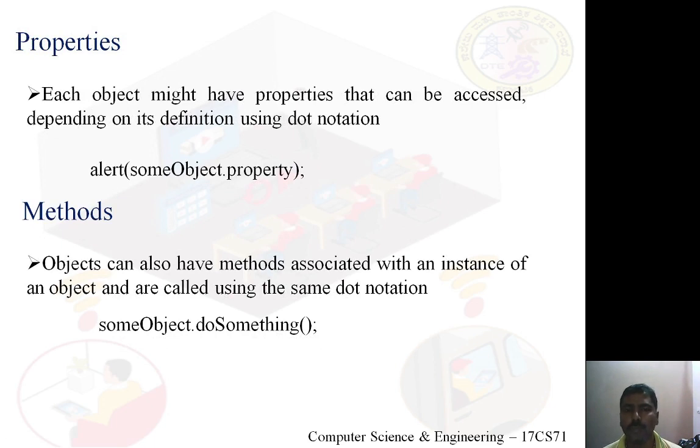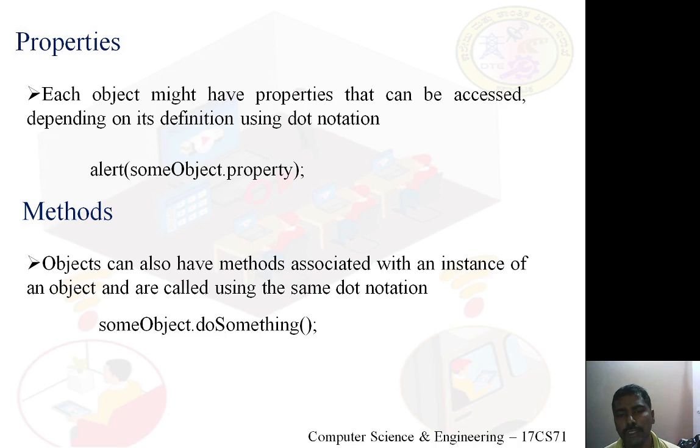So now coming to property. What actually is a property? Each object might have properties that can be accessed and manipulated. To access or manipulate a property of an object, we need to make use of the dot operator. So next we will have a discussion on methods.